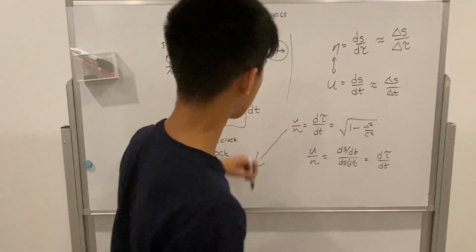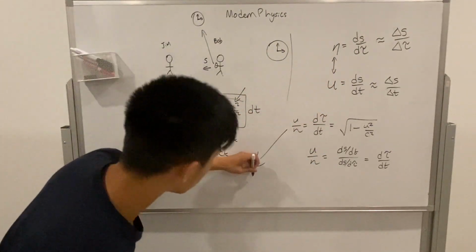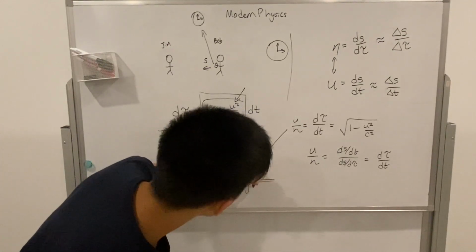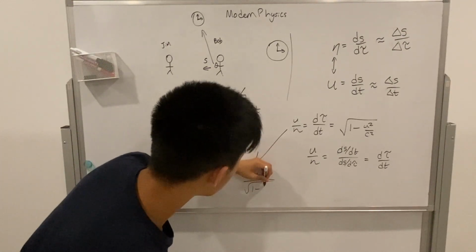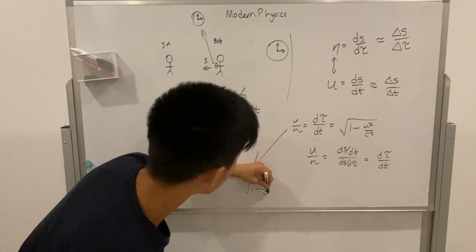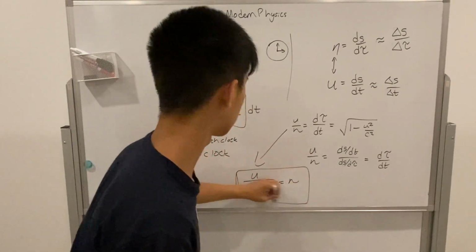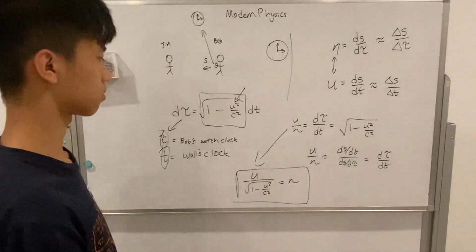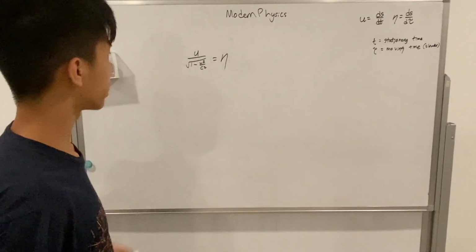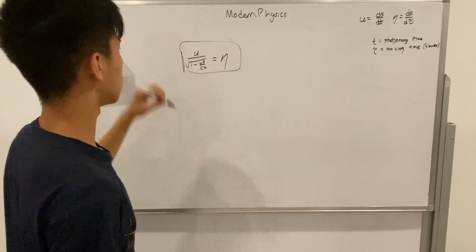So that means that u over the square root of 1 minus u squared over c squared is equal to n. Okay, so we have this formula now.